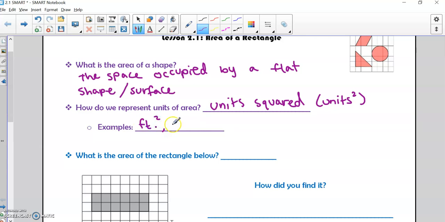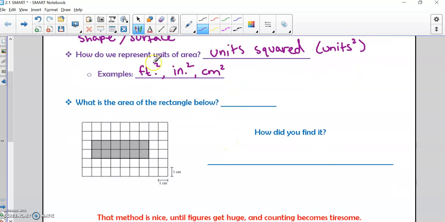If you were talking about a footstool in inches, you would say inches squared, centimeters squared. Anything it is, it's just going to be squared. If there is no unit at all, you're always welcome to just use unit squared. That's good practice. Without your units, your area is nothing but a number, so whenever you calculate an area, keep that in mind.